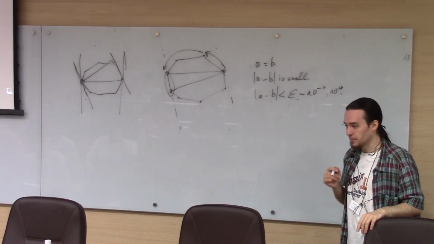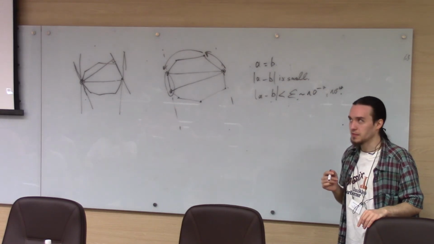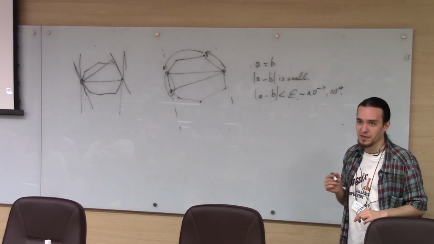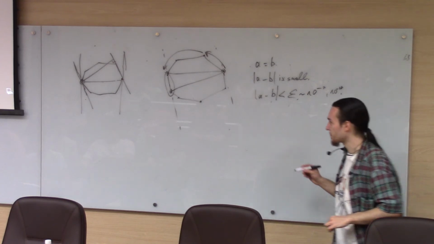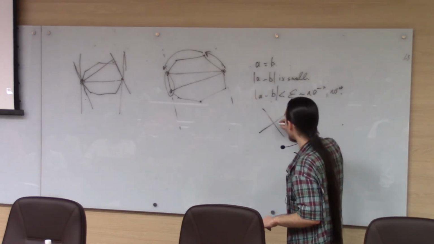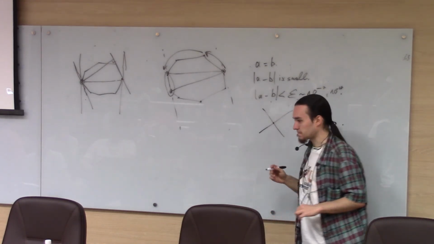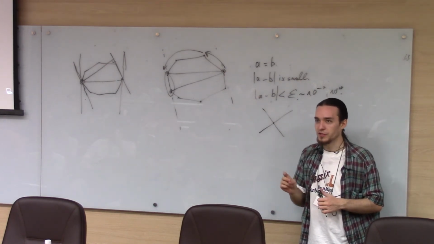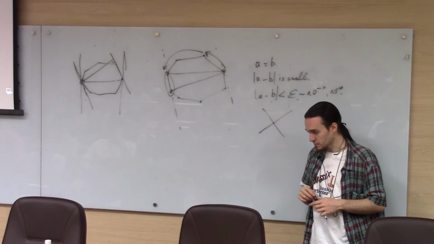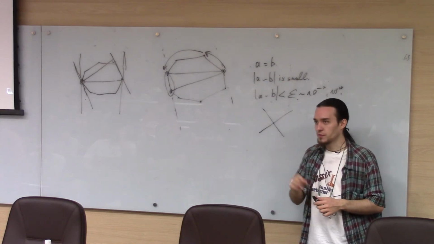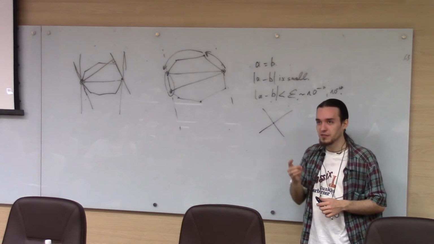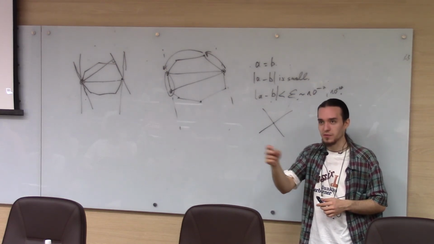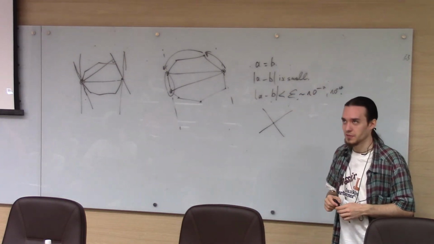So, for example, let's think about the problem of intersecting two lines, right? Whenever you have a number, you want to estimate the distance to the actual closest number.